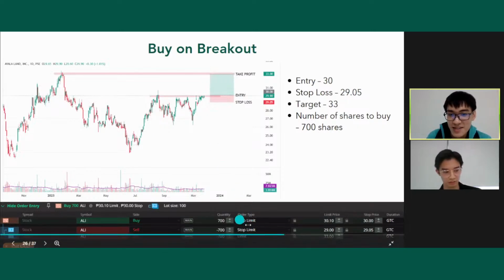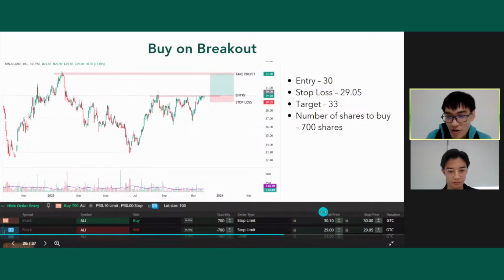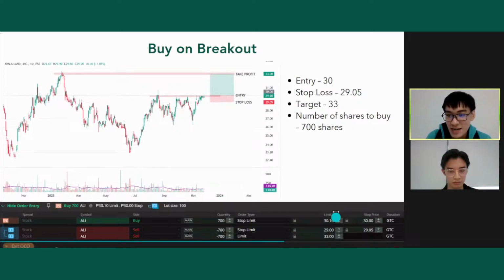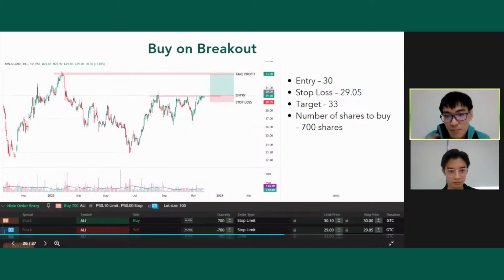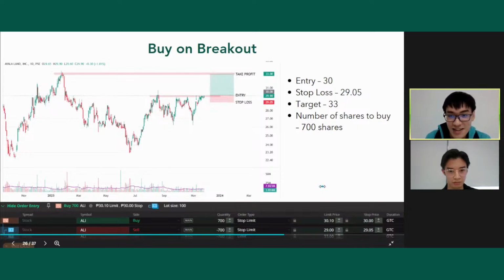So that would be a stop limit order for a buy. So your stop price will be at 30. Then if price hits 30, your limit buy order of 30.10 will execute. So basically, if it hits 30, magbabuy up na siya at 30.10 para ma-fill ka na agad.